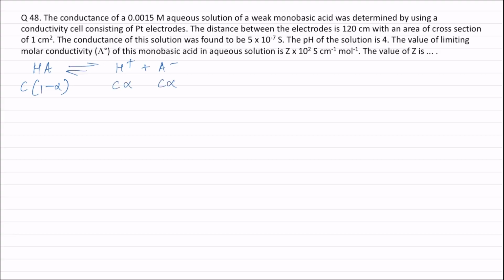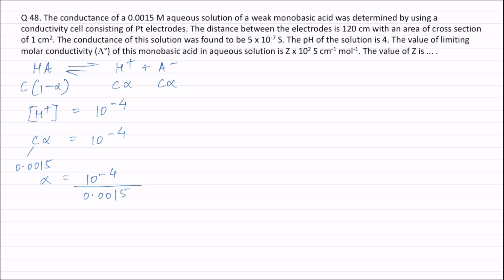Now pH of the solution is given as 4. Therefore, H plus ion concentration in the solution is 10 to the power minus 4. Therefore, C alpha is equal to 10 to the power minus 4. Value of C is given as 0.0015 M. From this, alpha is equal to 10 to the power minus 4 divided by 0.0015.